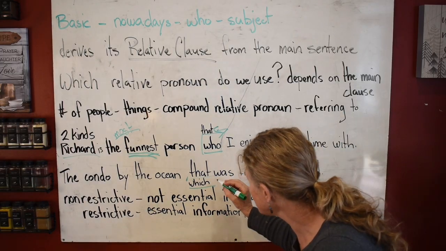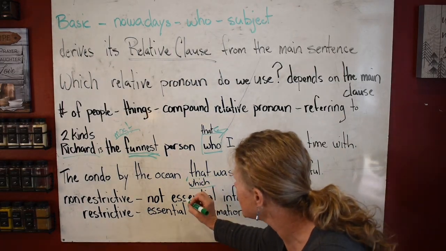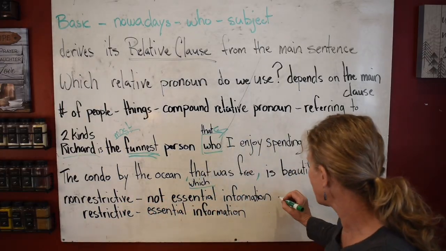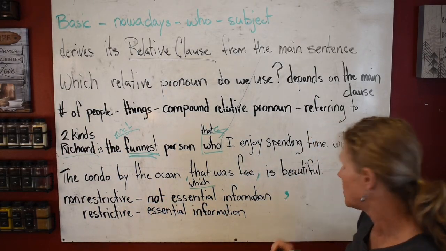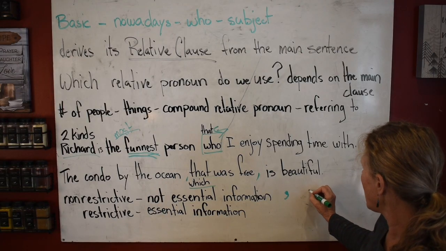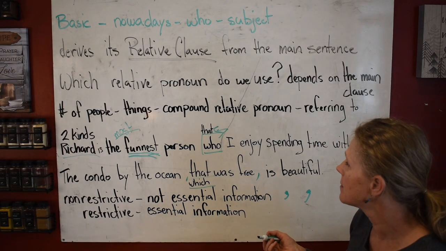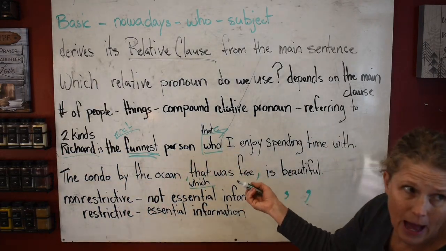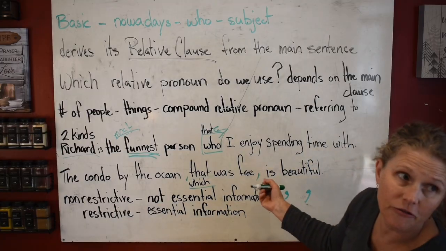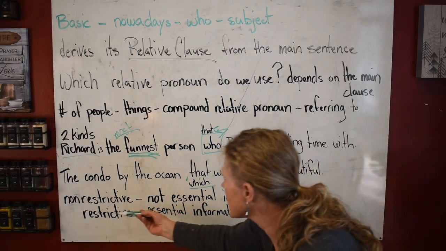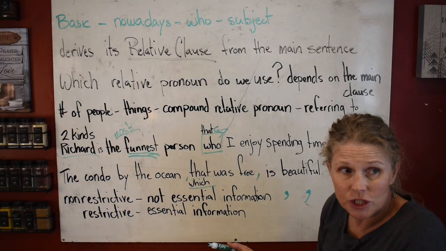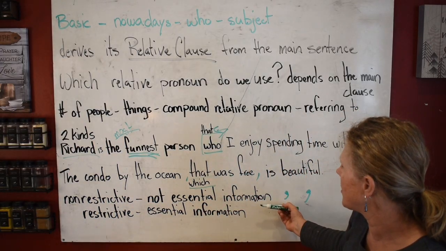Non-restrictive. So that means non-restrictive takes commas. Depending on if it's in the middle, it takes it in the front and in the back. If it's in the front, it takes it in the back. If it's at the end, it takes it in the front. So remember, non-restrictive means not essential information.